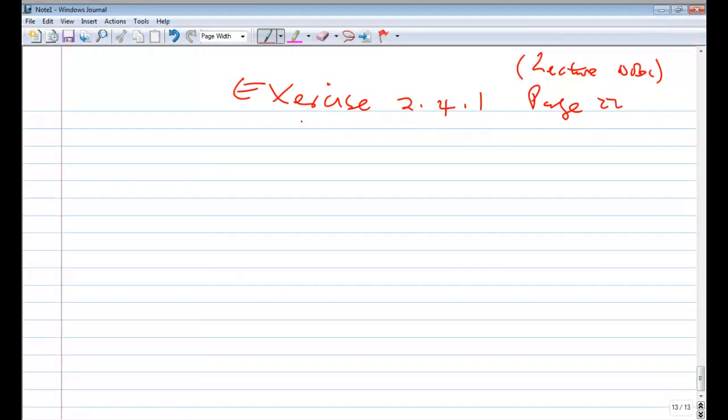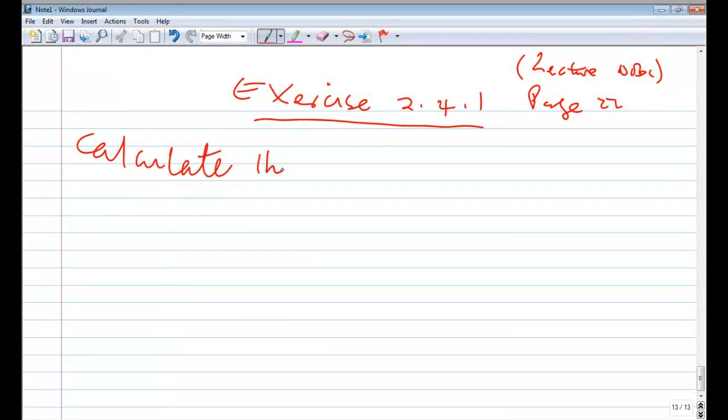Okay, number A. The question says calculate the convolution of the following filters.